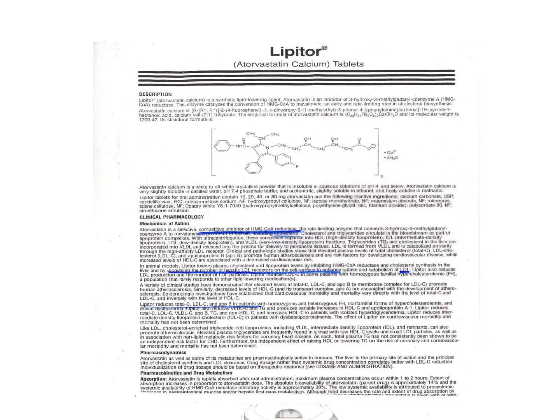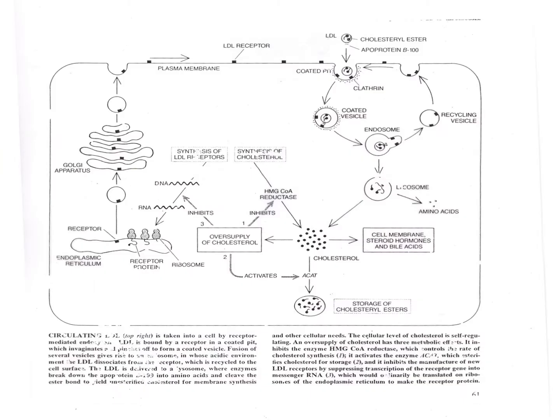So let's look at that picture. And so here you see Lipitor, and you see the picture, and here's where the HMG-CoA reductase is, where it allows the synthesis of cholesterol into free cholesterol there.